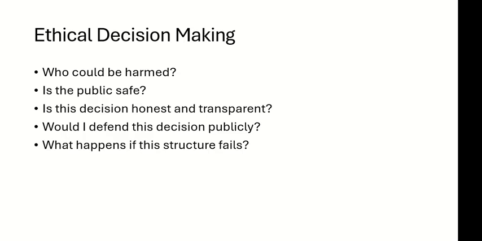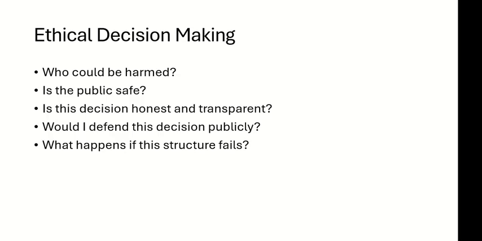Okay, so when you are considering decision making for ethics, you have to ask these questions. First question is, if I keep this thing as it is, who could be harmed? It could be the worker on the site, it could be the person using the facility and so on and so forth. Is the public safe?